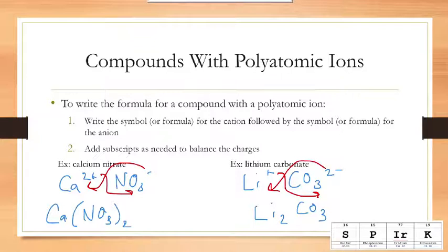Now we don't need parentheses here because there is technically a subscript of 1 next to the carbonate ion. And we only need parentheses when we have 2 or more. So if we look back at calcium nitrate, we have a ratio of 1 to 2, 1 calcium for every 2 nitrate ions. And with lithium carbonate, we have a ratio of 2 to 1, 2 lithium ions for every 1 carbonate ion.